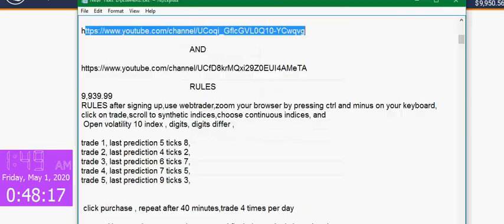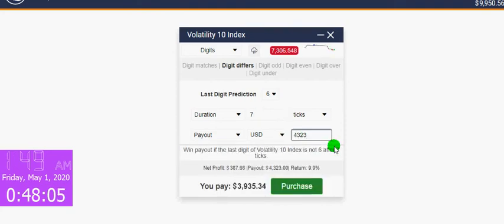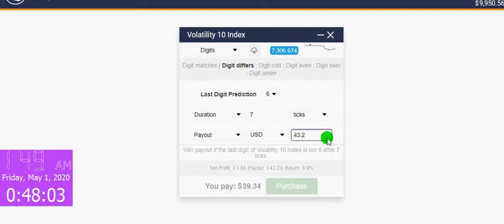The third trade, the last prediction is 6, the tick is 7. I will change this amount to 53. Okay, so when 17 shows up here, we click on purchase.